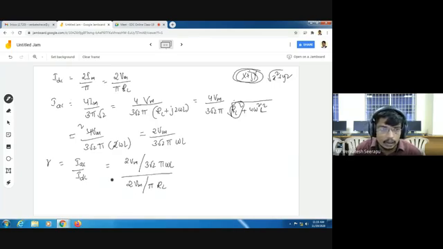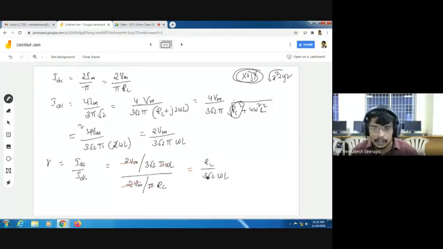Here 2 Vm gets cancelled and pi cancels out. Finally I got the equation as RL by 3 root 2 omega L.